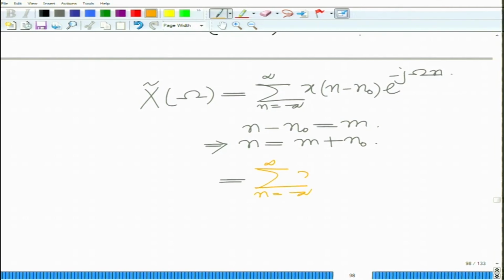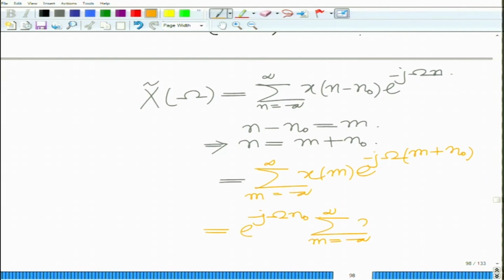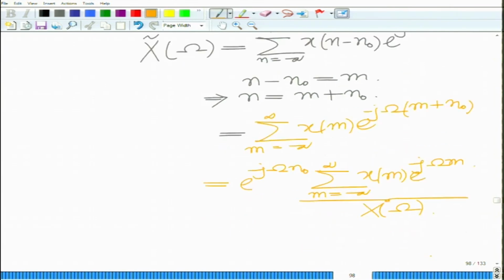So, this is equal to the summation over m of x[m] e raised to minus j omega (m plus n naught). If you take e raised to minus j omega n naught outside, you have the summation over m from minus infinity to infinity of x[m] e raised to minus j omega m, and this is X(omega).